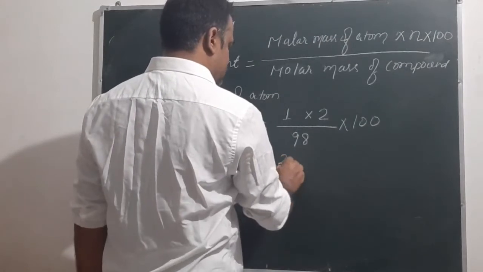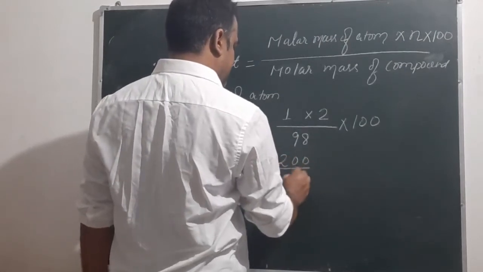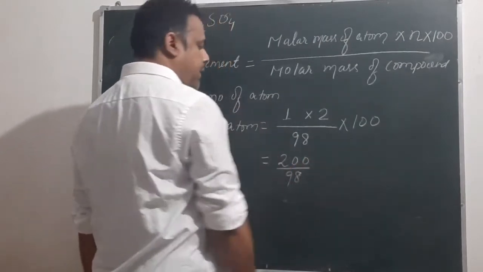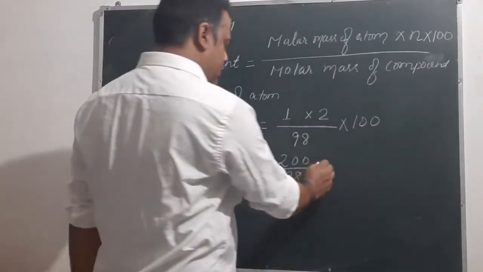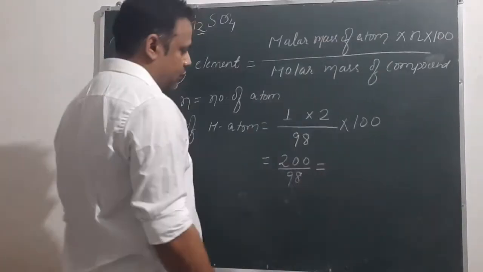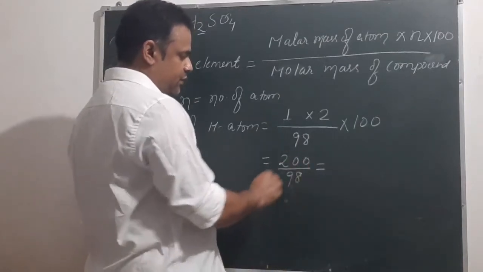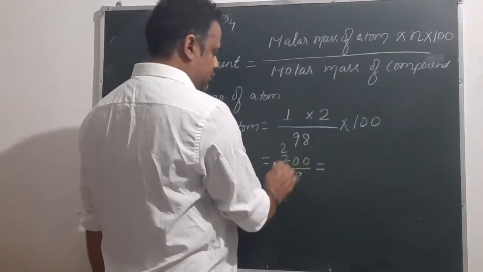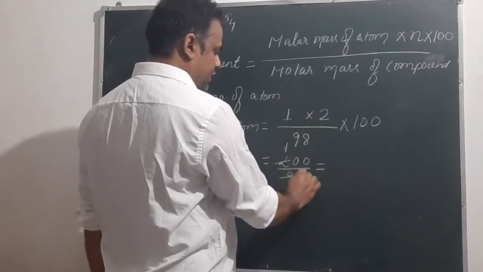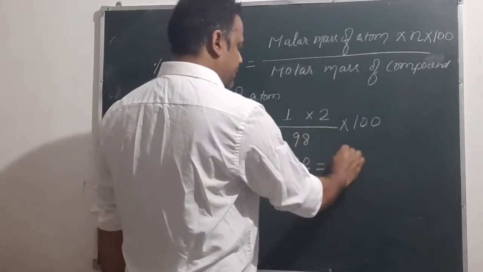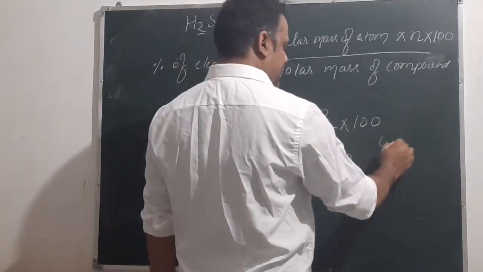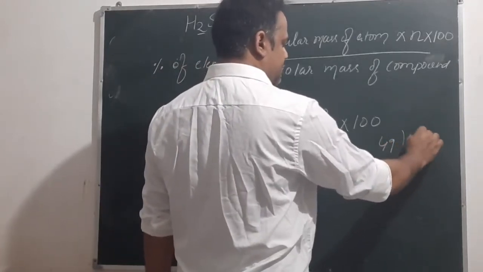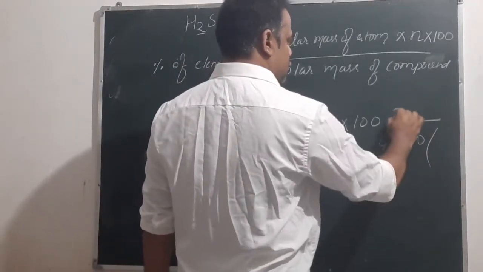This will be equal to 200 by 98. If we calculate this value, we have to divide by 2 first. If we divide here by 2, 1 will come, and here 49. So 100 upon 49. If we divide 100 by 49, we will get 2.